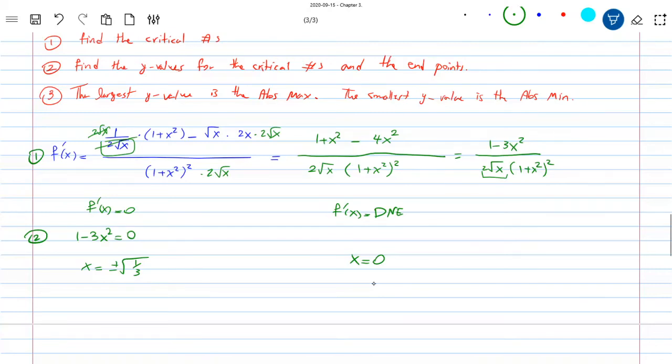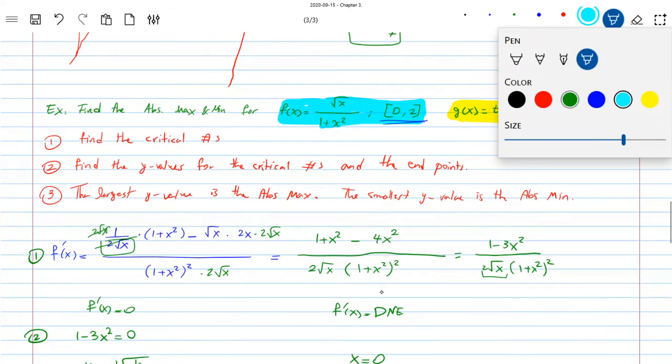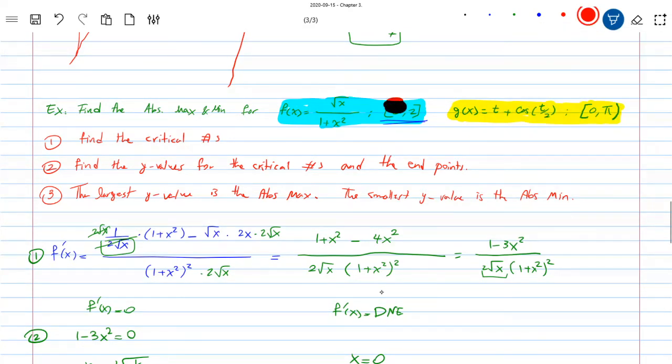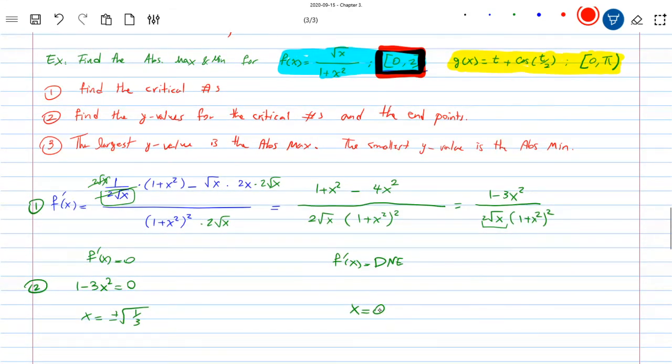But here's one thing that you should notice. If you look at the domain the function is picked, that was a mistake. Okay, so if you focus on this interval, the interval is chosen to be 0 to 2. And if you look at the critical numbers, 0 is already there, but the positive square root of 1/3 is acceptable.